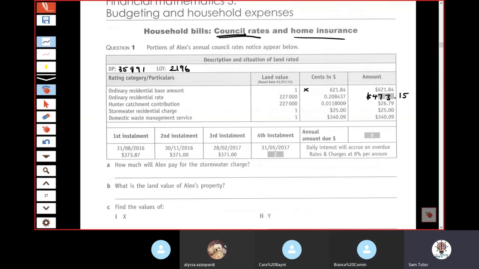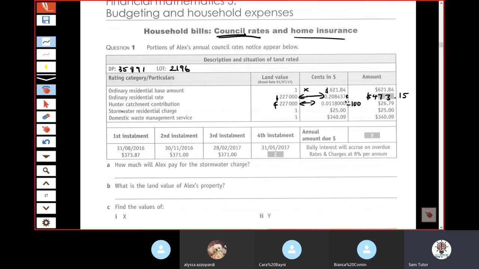These amounts are divided by 100, these two, because these are actual dollar amounts. These are unit amounts, so everybody gets charged. This is not per dollar. Does that make sense, girls? Yeah. So this is dollar amount. These are just unit amounts, like everybody gets 1 times $25, 1 times $340. Whereas these ones are in cents. That's why it says cents in the dollar. You be careful with that.